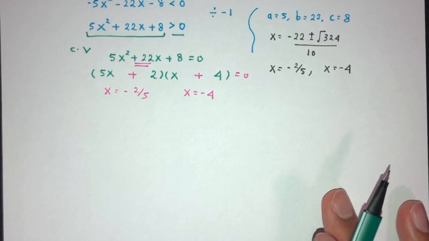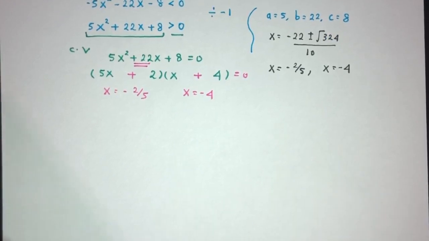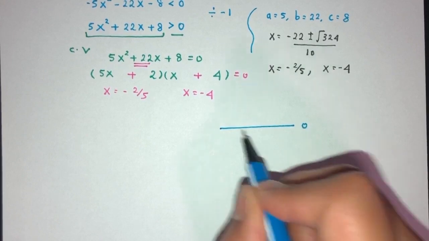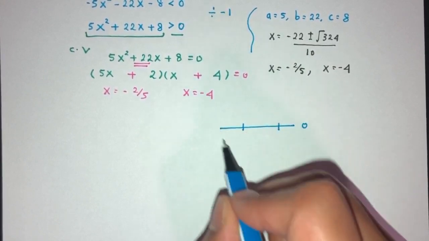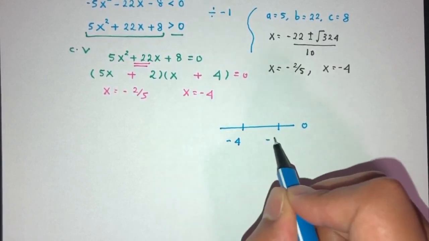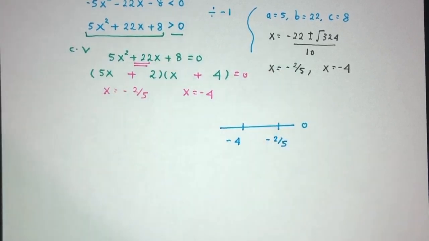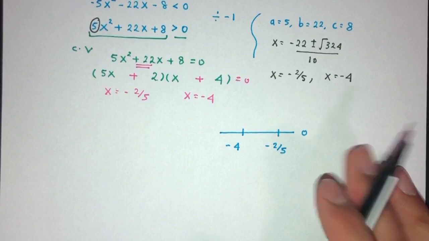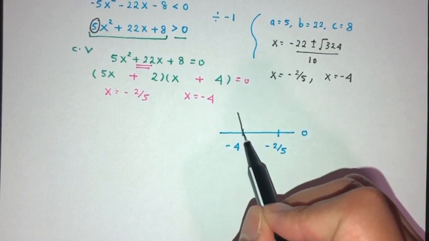So once you have this, what do you do? You have to draw your number line. So number line, 0 here. Now this one obviously happens first, so minus 4 and then minus 2 over 5. Now because this is a positive value, it will be a minimum curve.